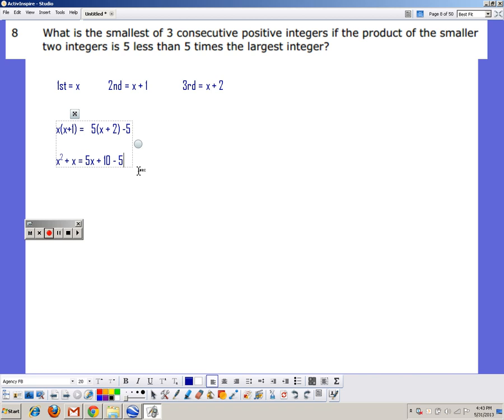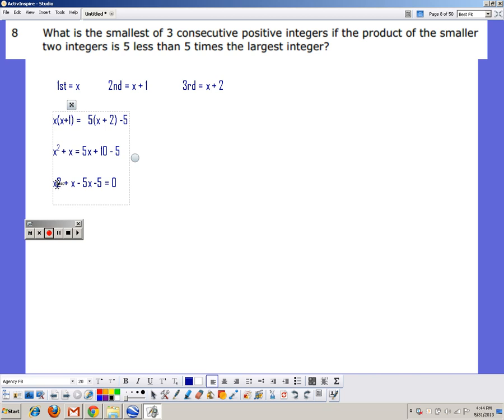Now we're going to simplify. I can already tell that this is probably going to be a quadratic or a square root problem. So I want to bring everything over to the left. So I have x squared plus x. Now that means the 5x is going to become negative. The 10 is going to become, well, I'm going to go ahead and simplify 10 minus 5, which is 5, and bring that over to the other side, making it negative.